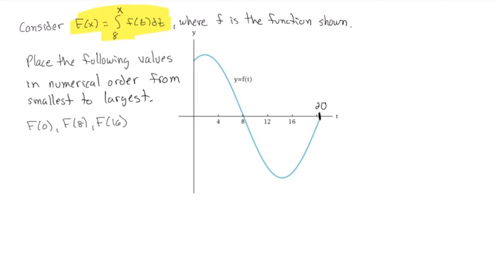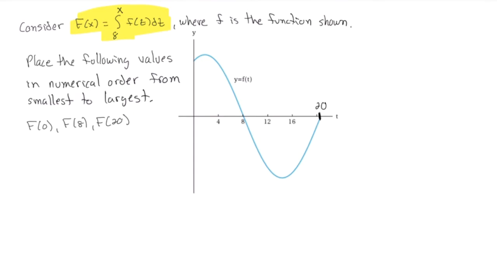We are being asked to place the following 3 values in numerical order from smallest to largest: cap F at 0, cap F at 8, and cap F at 20. Let's suppose the graph ends at 20 there.